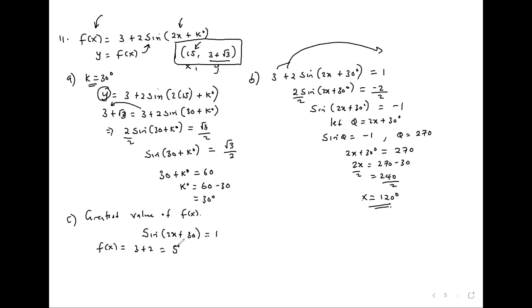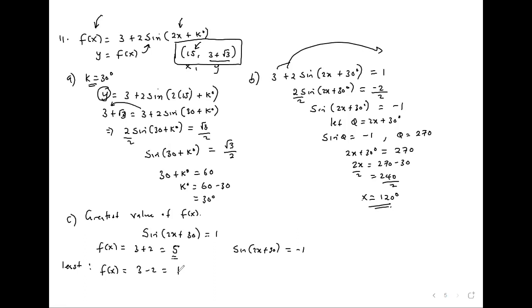So that's the greatest value of f of x. And the least will happen when sine 2x plus 30 gives us negative 1. So that will be 3 minus 2, which is 1. So the least will be 1 and the greatest will be 5. That's how we get that.